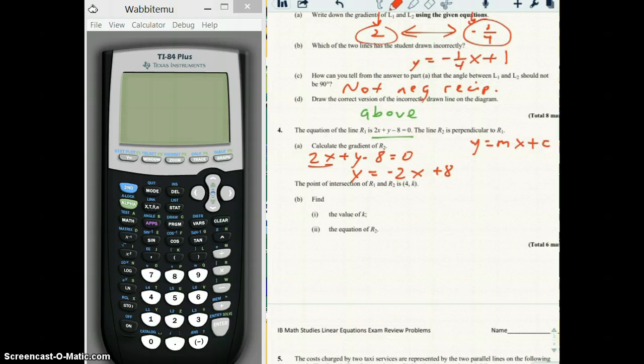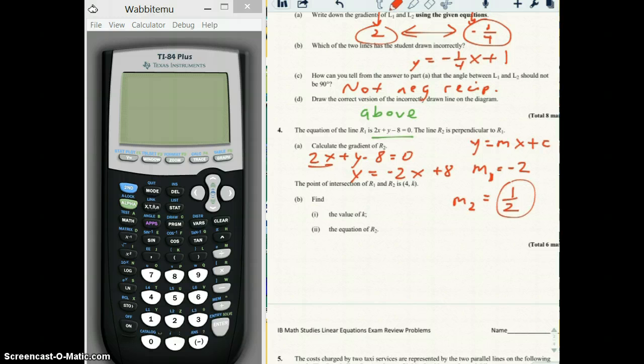We add 8 to both sides, and we get this. Y equals negative 2x plus 8. So the gradient for R1 is negative 2. Now what would be the gradient for R2? It would be the negative reciprocal, which would be 1/2. Okay.